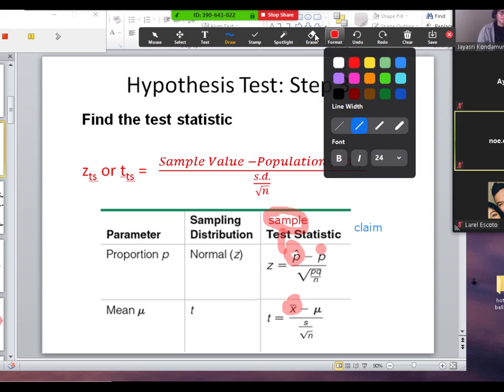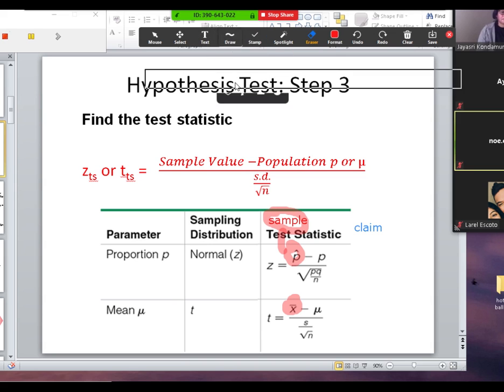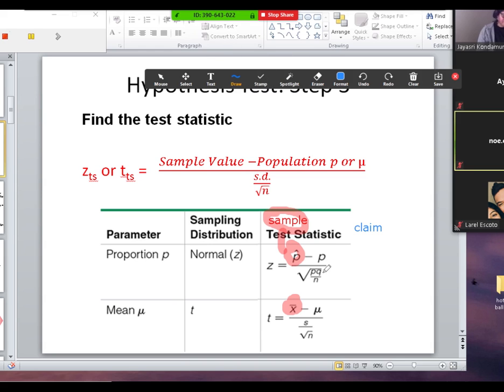And then the claim would be this one and that one. These are from whatever you have in your claim. That's what goes here and here.